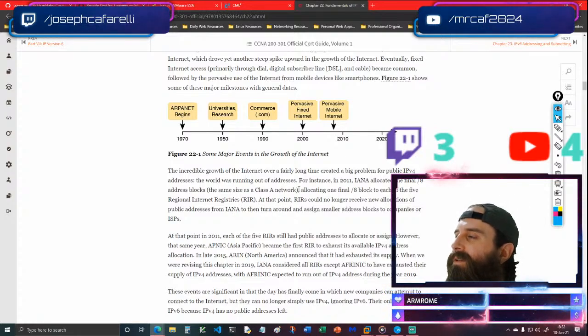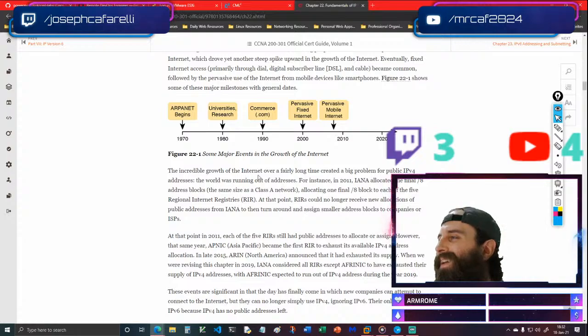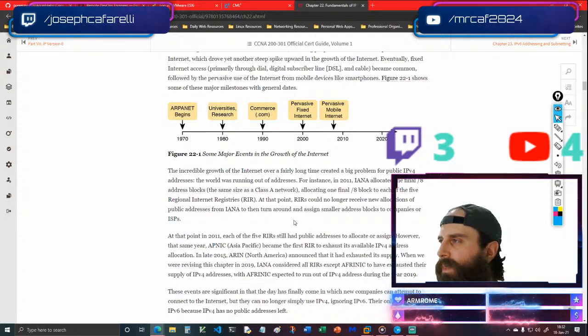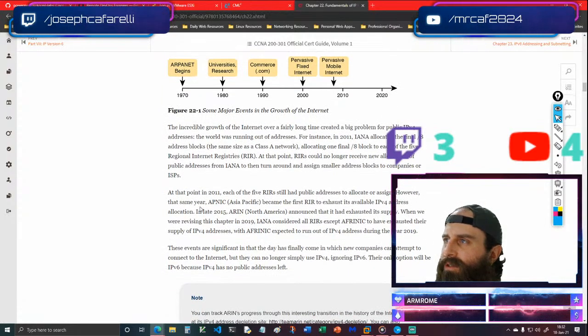I love the acronyms. At that point, the regional internet registry could no longer receive new allocations of public addresses for the IANA to turn around and assign smaller address blocks to companies or ISPs.